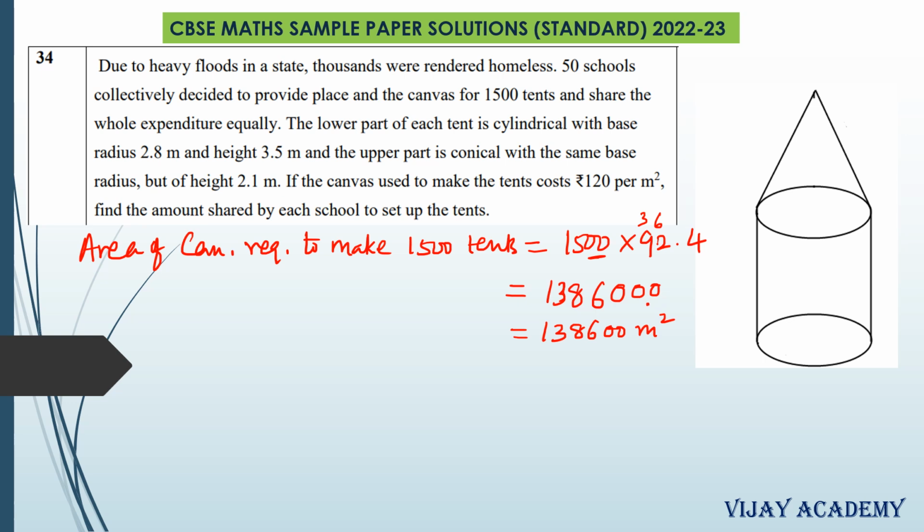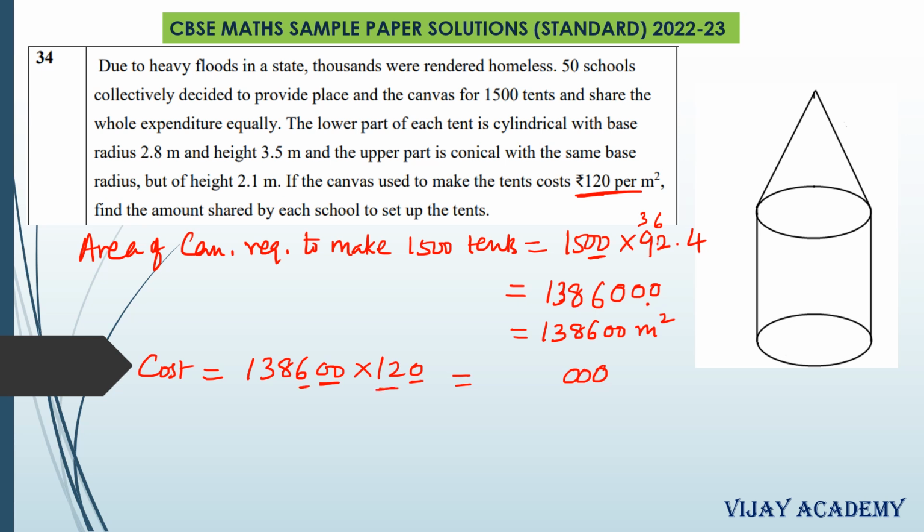Now we need to find the cost of the canvas. So cost of the canvas is equal to, cost per meter square is 120 rupees. So we are supposed to multiply this by 120. So the total cost is equal to 138,600 multiplied by 120. So now here two zeros and here one zero. So let me write these three zeros together and then multiply the remaining part with 12.